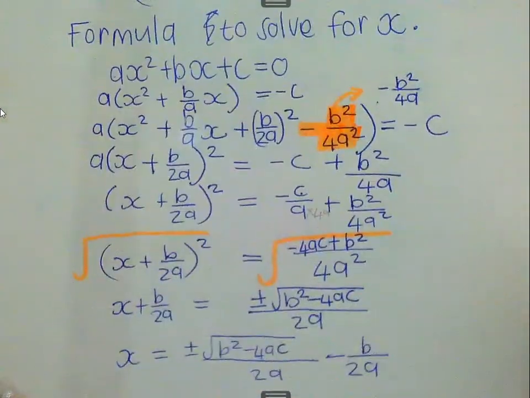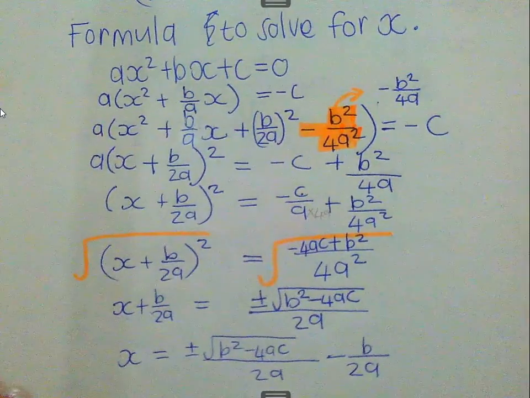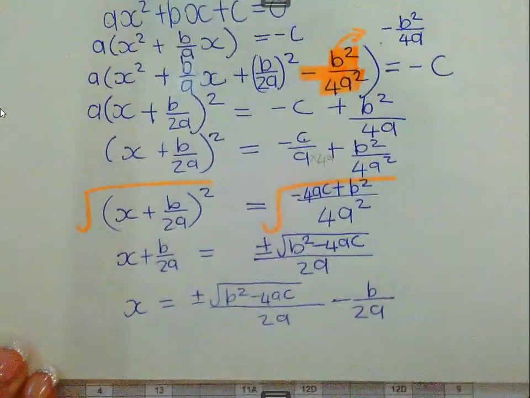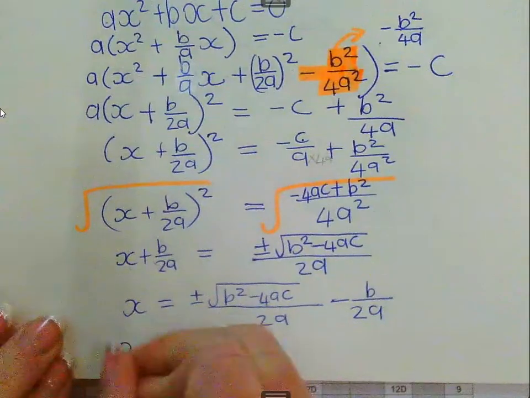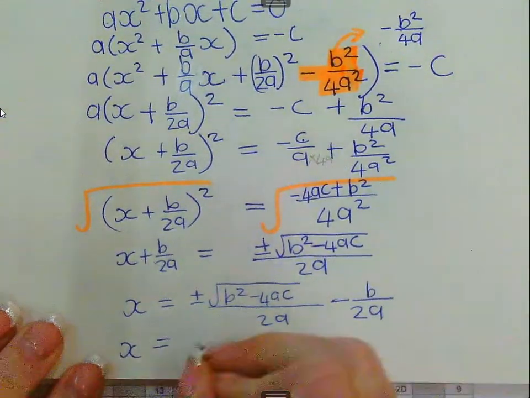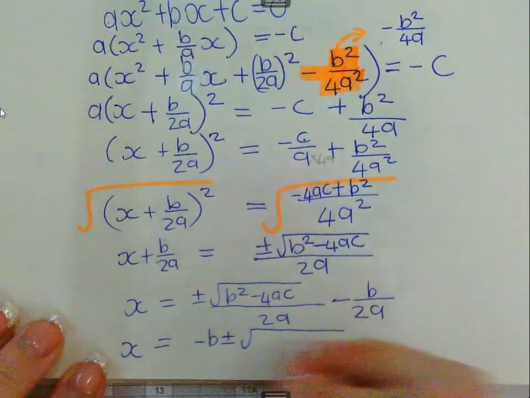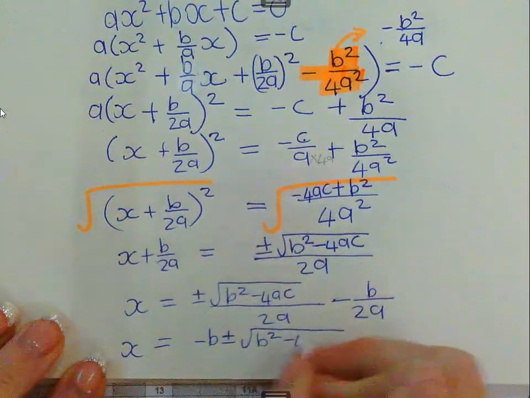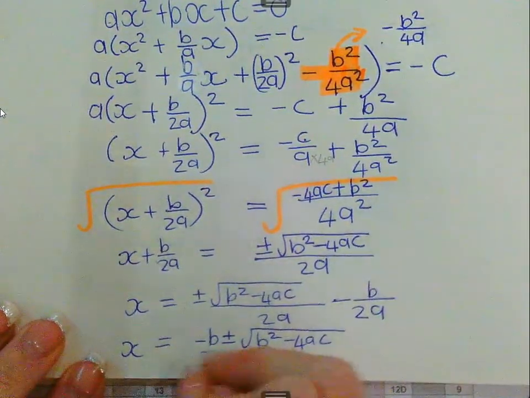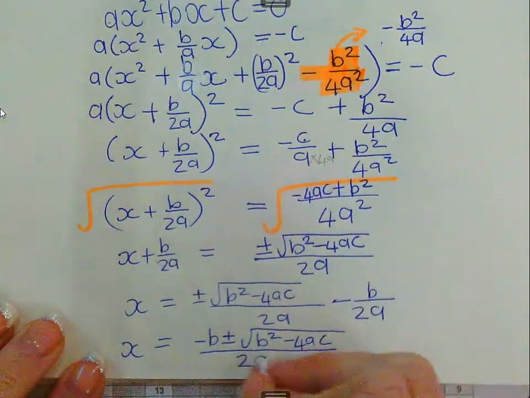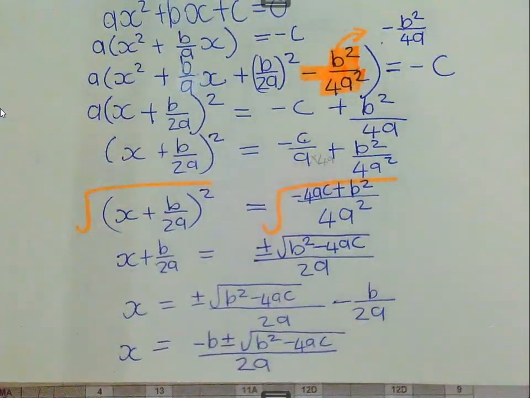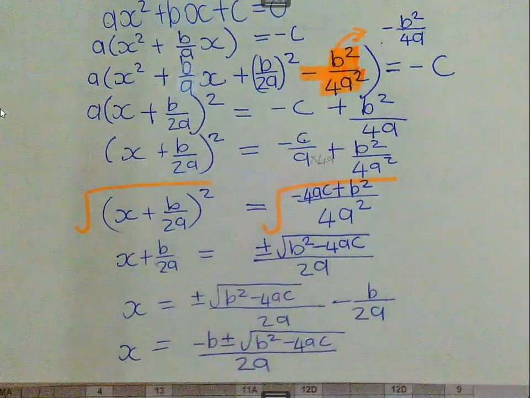And do you see your denominators are exactly the same? So therefore I can write it as one. X is equal to negative b plus minus the square root of b squared minus 4ac over 2a. I just swapped those two terms around.